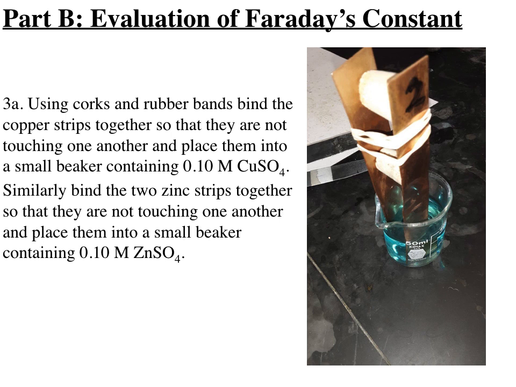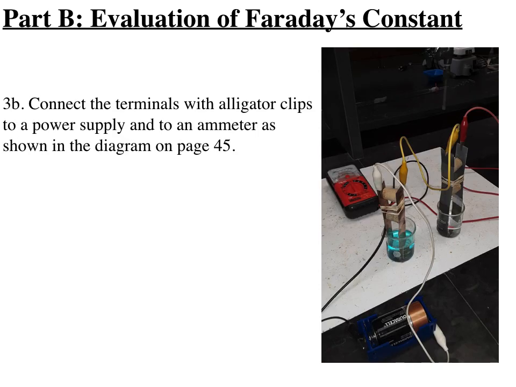Next, connect my electrodes of the zinc in zinc sulfate and copper in copper sulfate by conductors, as is demonstrated on the diagram on page 45 of the lab manual.